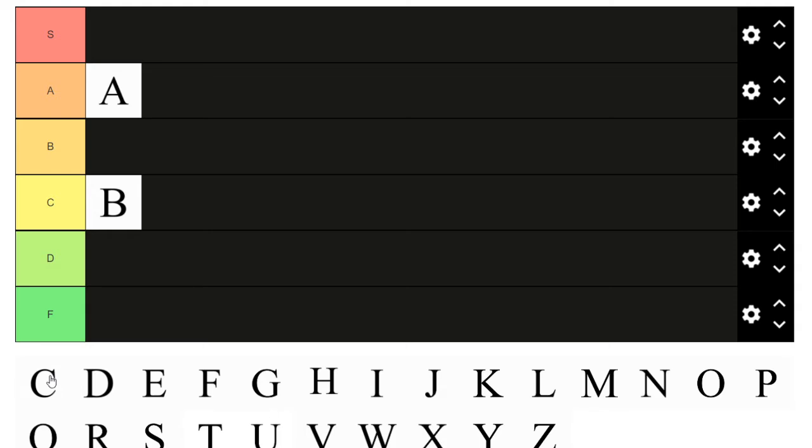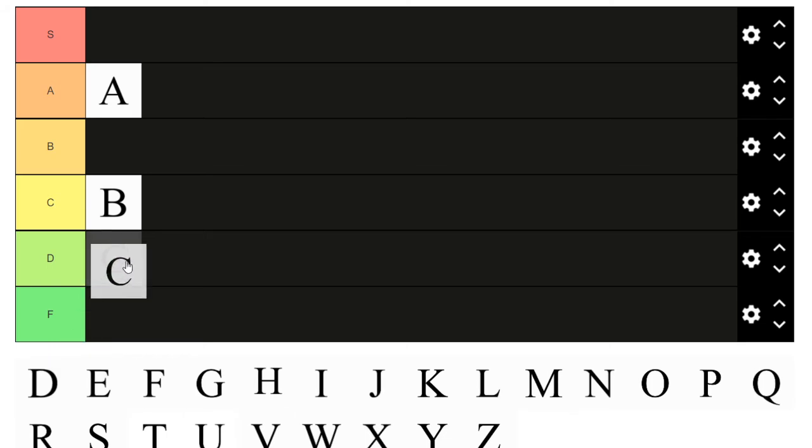I just don't really like the letter C. I'm not even sure if it has very many practical uses. It can be swapped out in almost every case, so that gets a D tier.